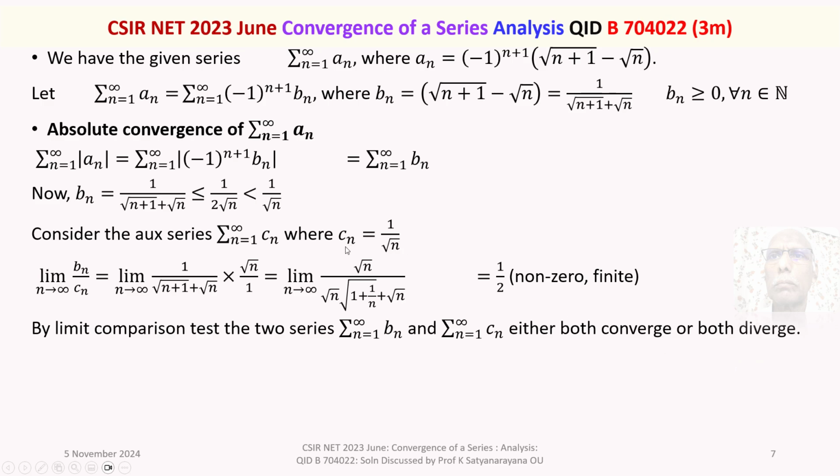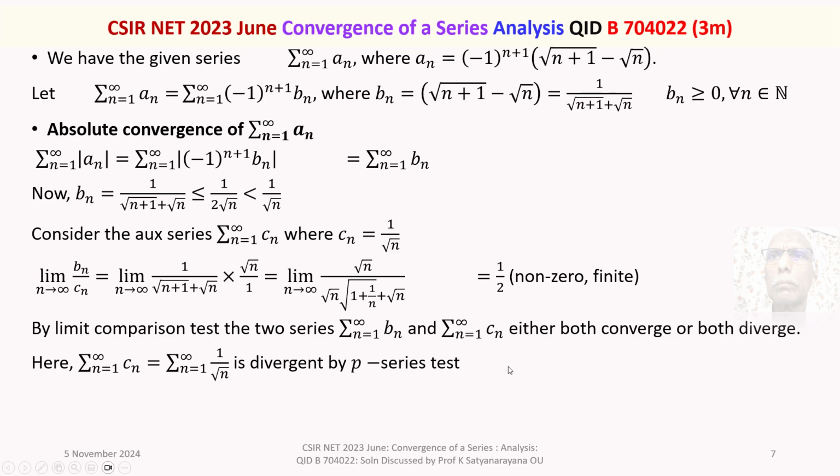Now take the auxiliary series cn equal to 1 by root n. Then sigma cn is divergent by the P series test, because 1 by root n means 1 by n to the power of p, where p is 1 by 2, which is less than 1.